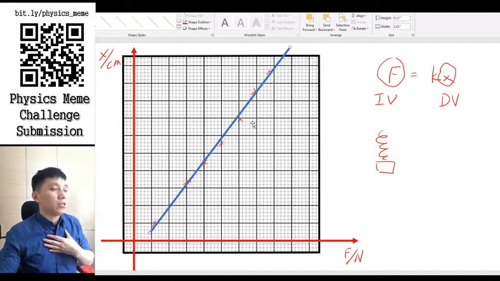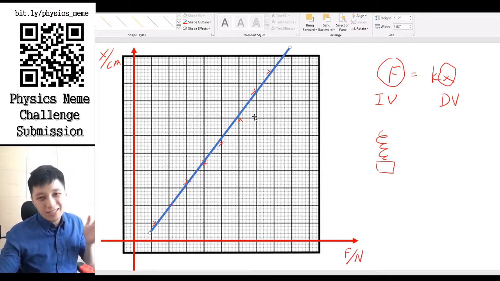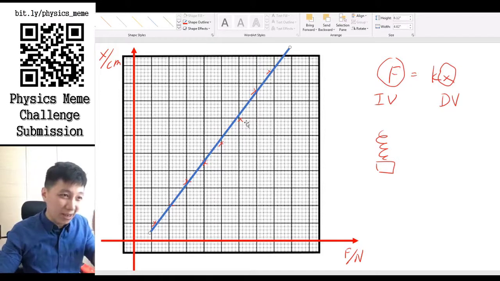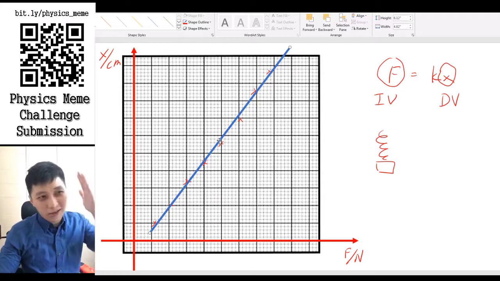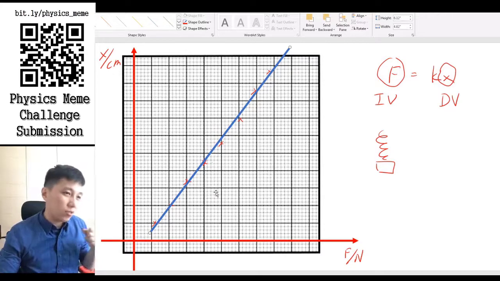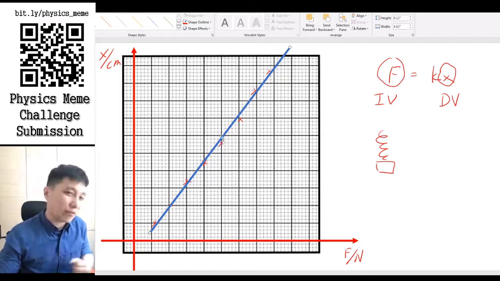So the teachers in the past probably told you to try to get the average trend, like having the same amount of dots on the upper side and the lower side, etc. This is probably the best line of best fit you could draw in the previous years.